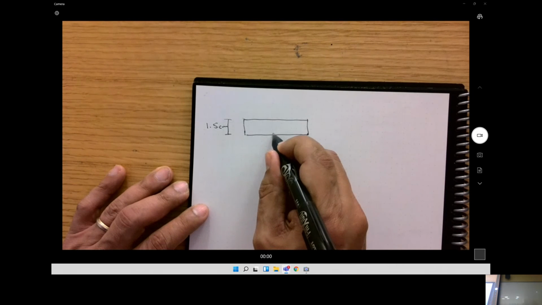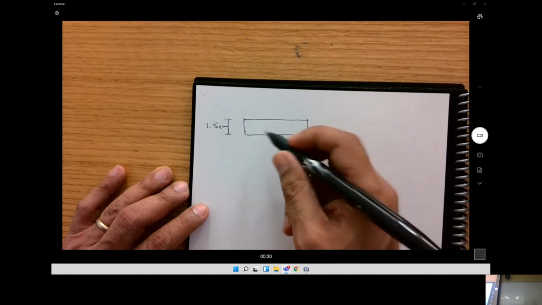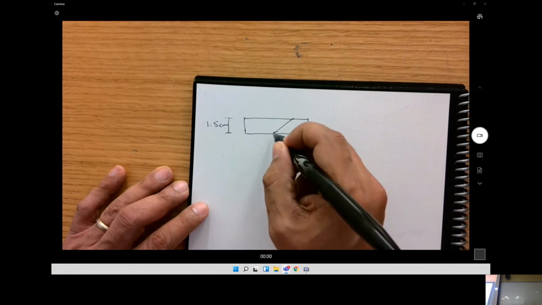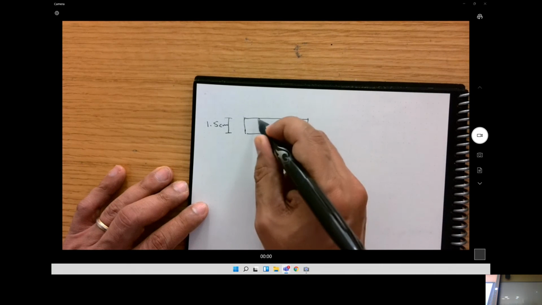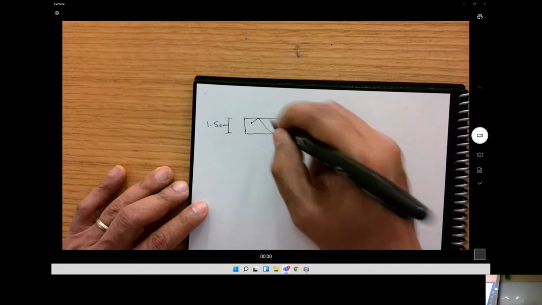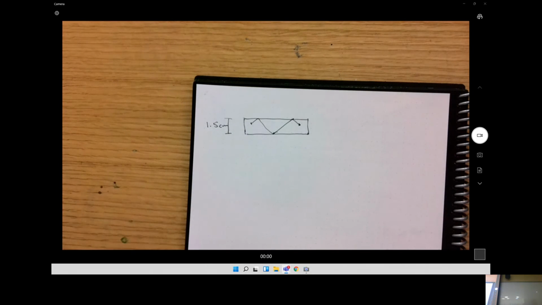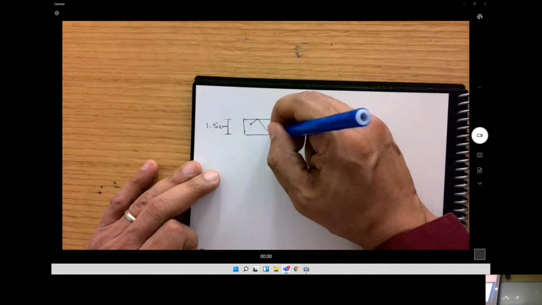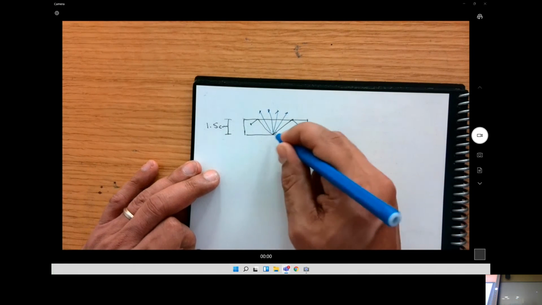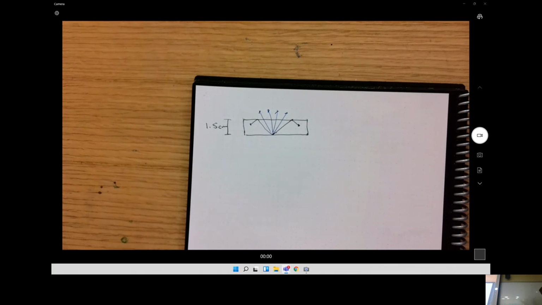And you're gonna shine some light on this thing, and you're gonna have light escaping the glass until you reach the critical angle, and then light is gonna just start refracting back.